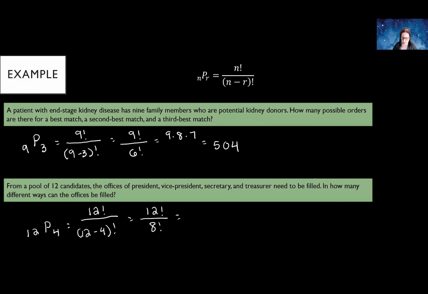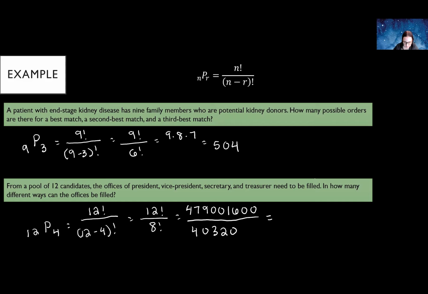So instead of doing the canceling out method, I'll just do the factorials this time, just for something different. This may be one where you might not want to write out your factorials, because you see I got a very big number for 12 factorial, and an 8 factorial.